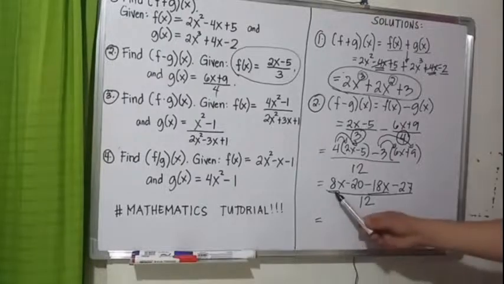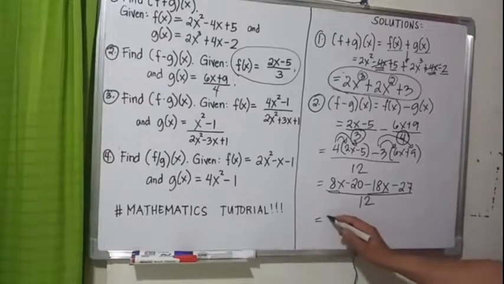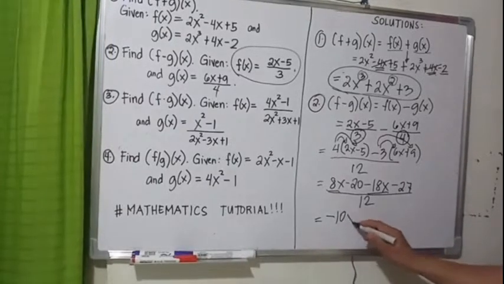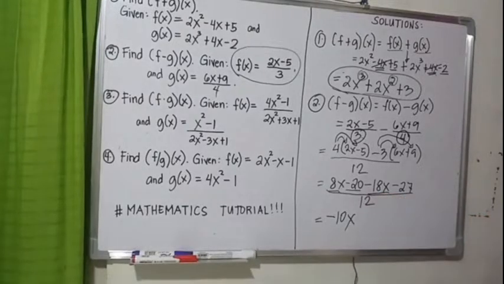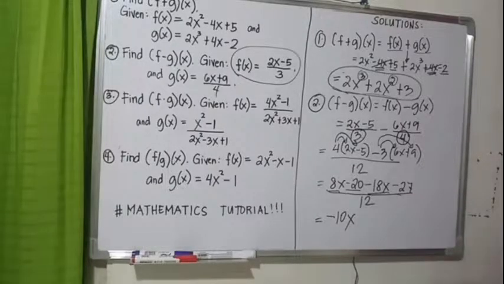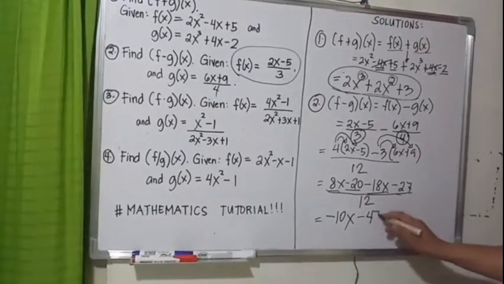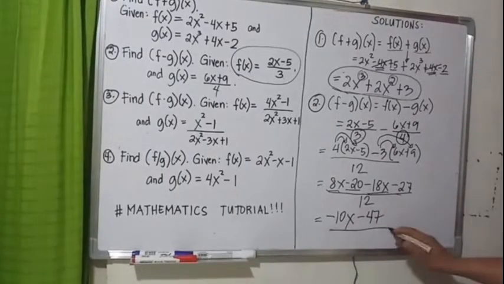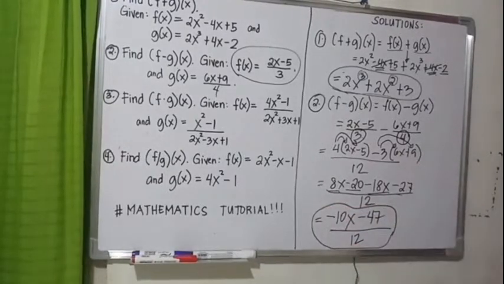So simplify natin, 8x minus 18x, that is negative 10x. Then ito, negative 20 minus 27, that is negative 47 over 12. So ito na yung final answer natin, number 2.